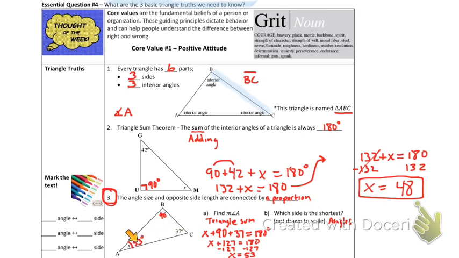Angle C is 37, and we now know angle A is 53. Of these three angles, which one is the smallest? And that answer is 37. So since 37 is the smallest, it will point to the shortest side. So we now know AB must be the shortest side. So side AB is the shortest.